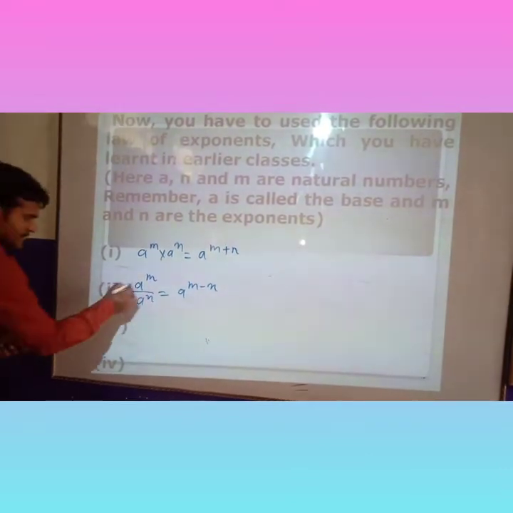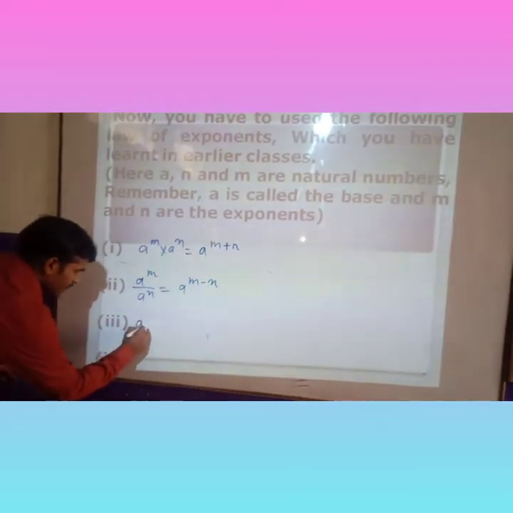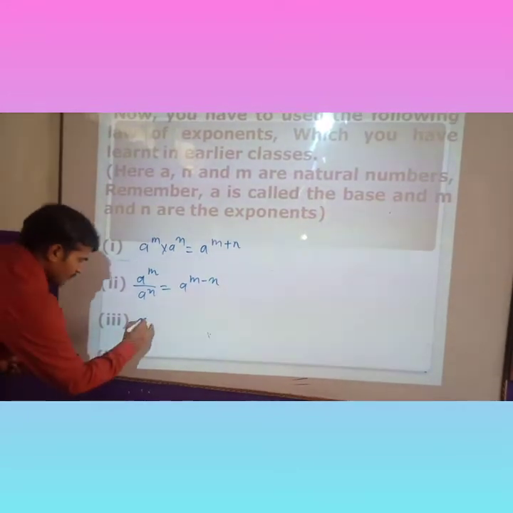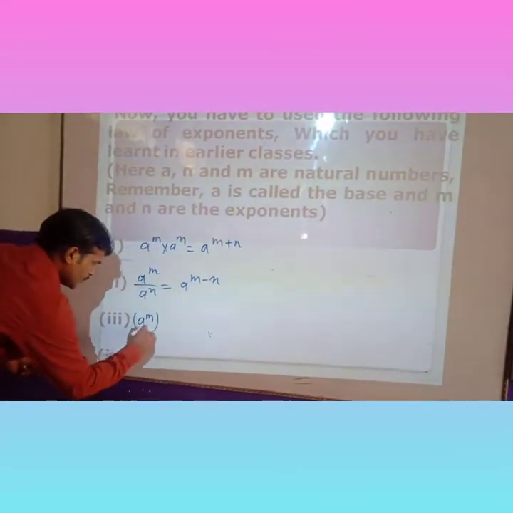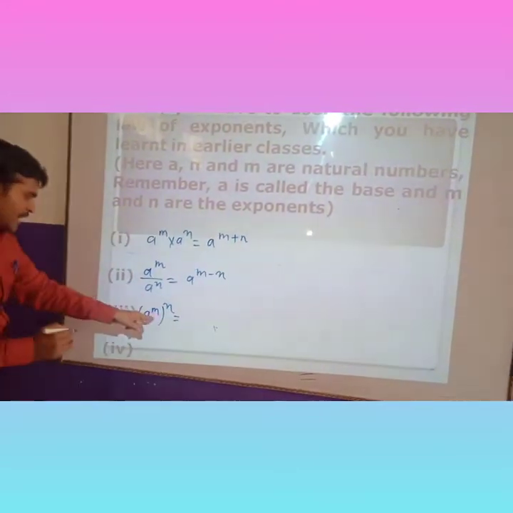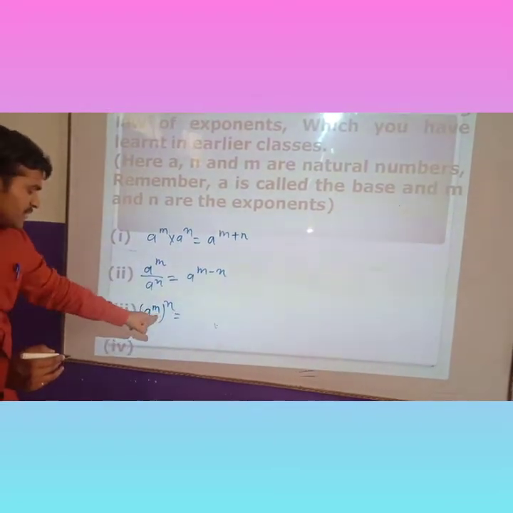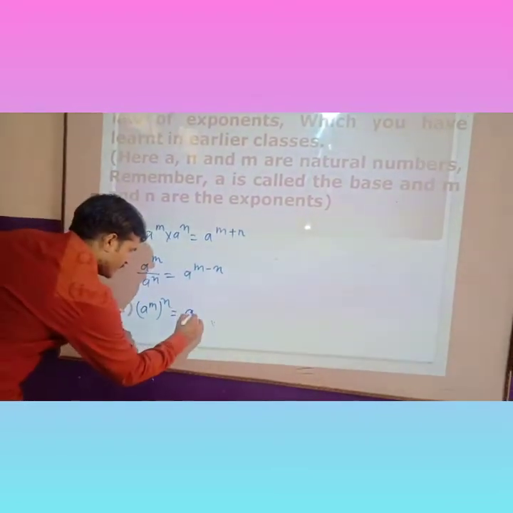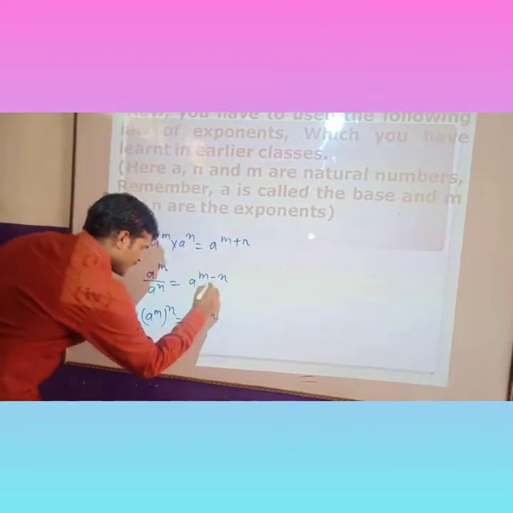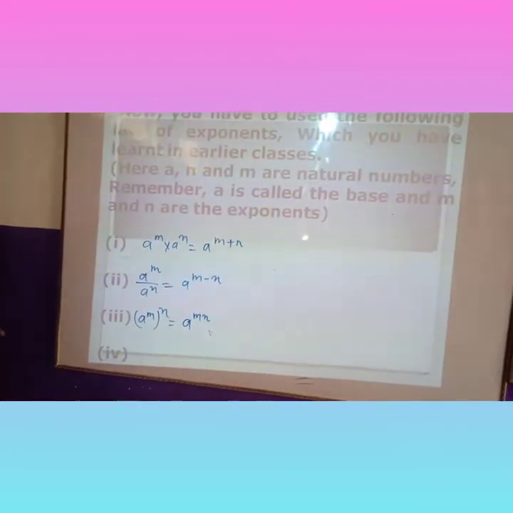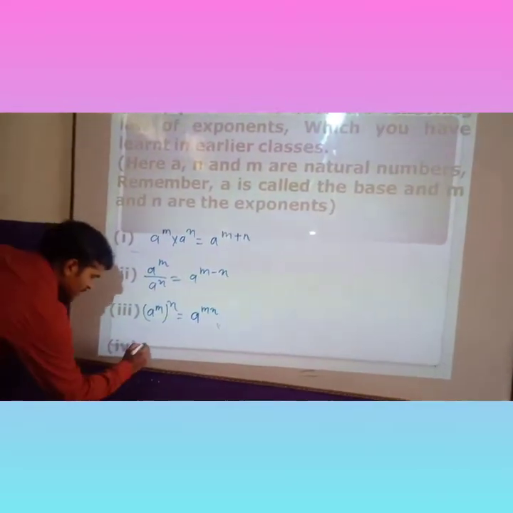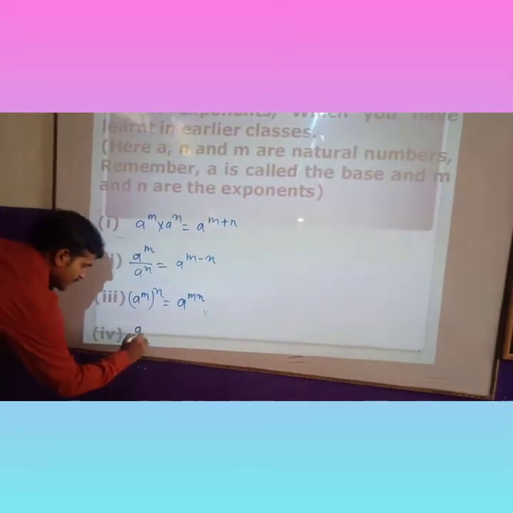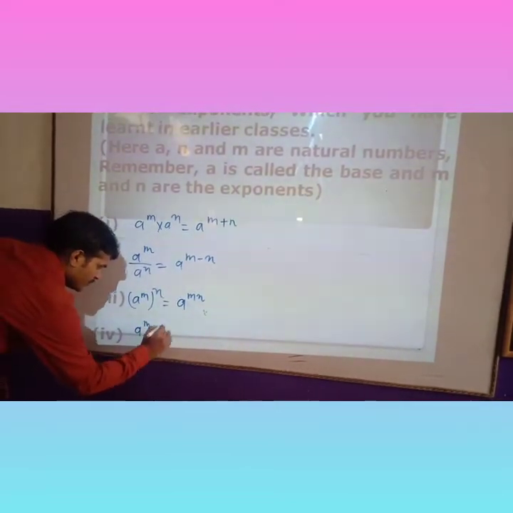Like that, a power m whole power n. Power of a power: in this case we will multiply the powers. So what do we get? a power mn. Like that, suppose the base is changed, so a power m into b power n.